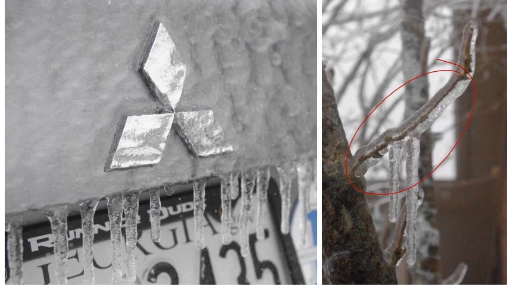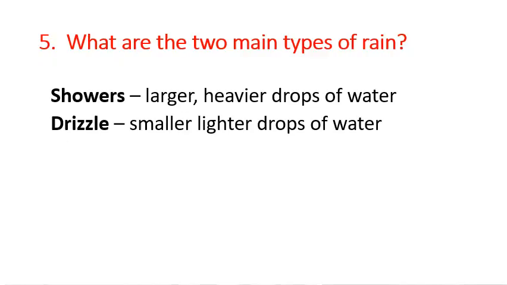So the next drop of rain that comes down freezes, and you can get big layers of ice that cover anything that's outside in freezing rain. You can see it here on the car. This is an example of freezing rain. It's rain, but it freezes after it hits the ground.